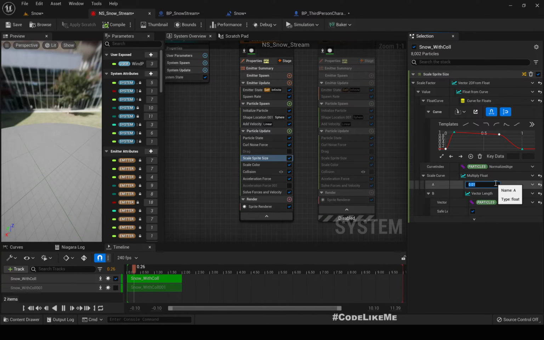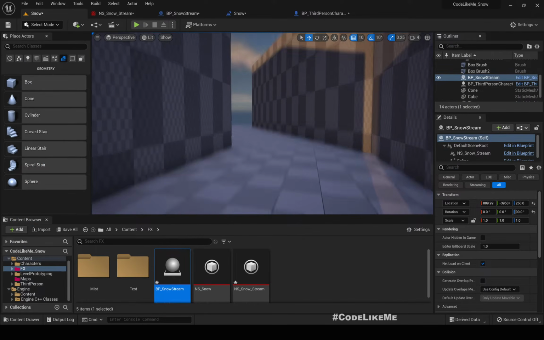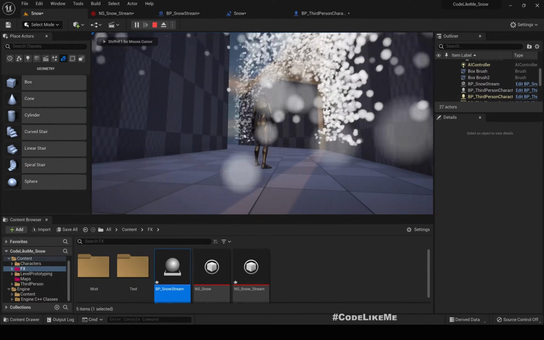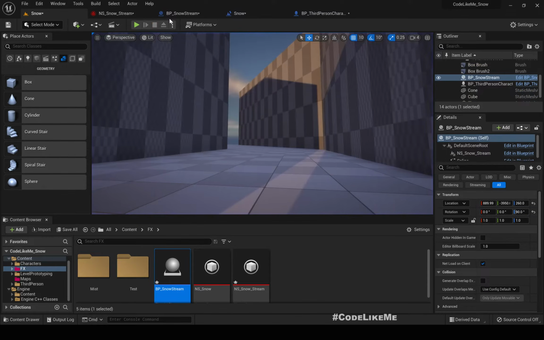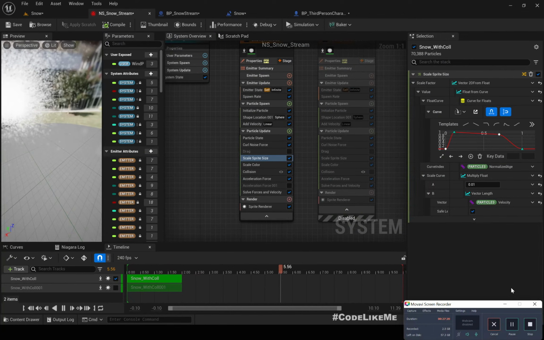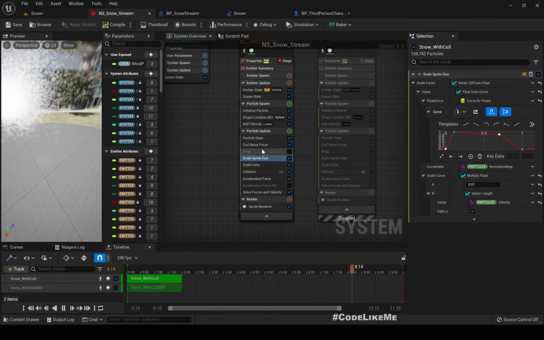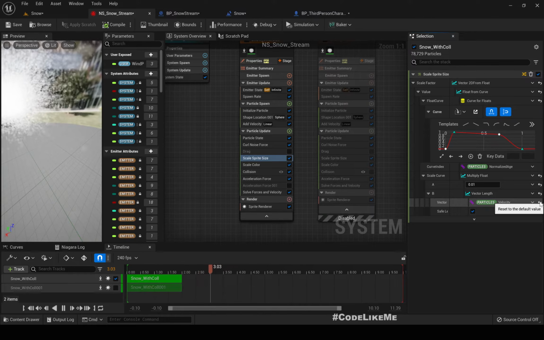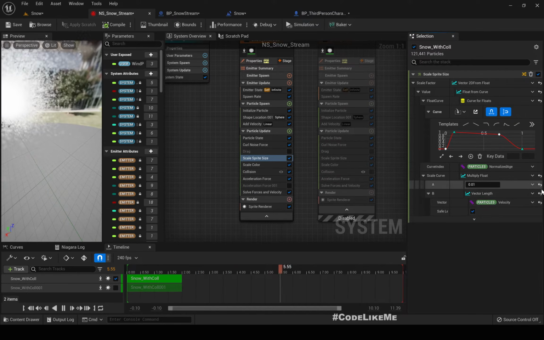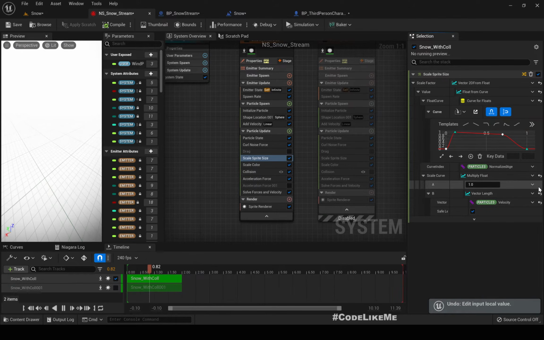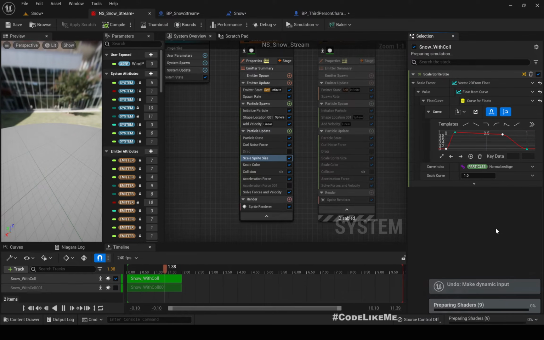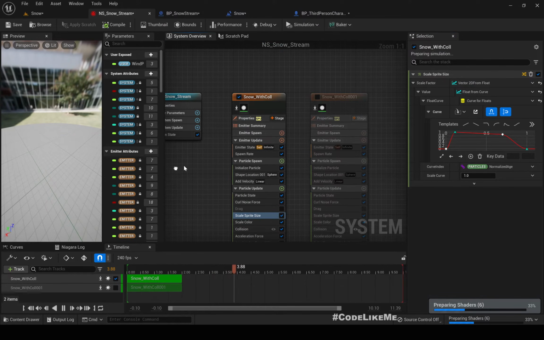So let's see how it looks. No, it just makes the whole particle larger. So we only need to scale it. Oh wait, why don't we just remove this part and first try making the initial scale, initial Y scale of the particles higher.